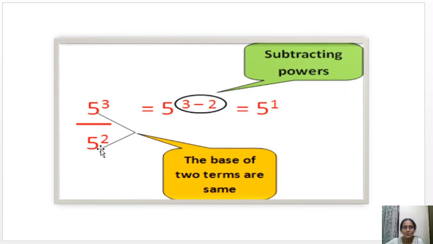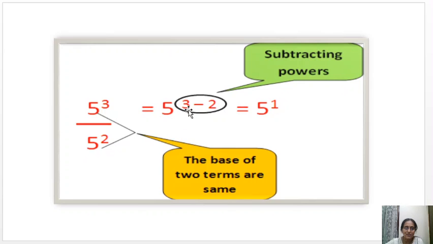Let us explore the division of x powers with one more example. It is 5 power 3 divided by 5 power 2. How do you get the answer directly without multiplying 5 into 5 into 5 three times and without writing 5 into 5 as the divisor?